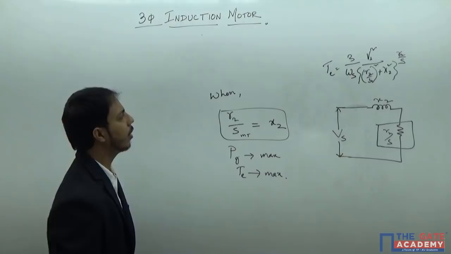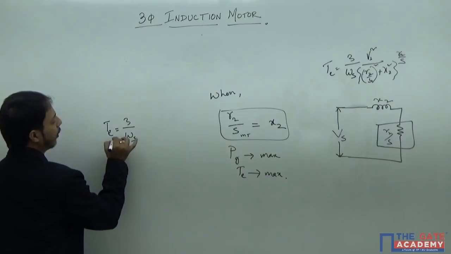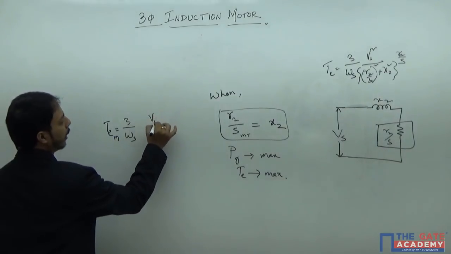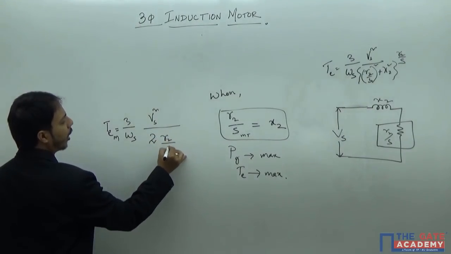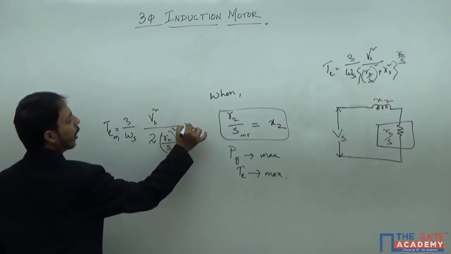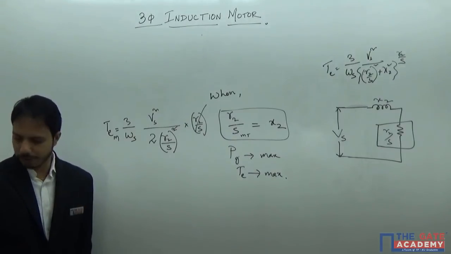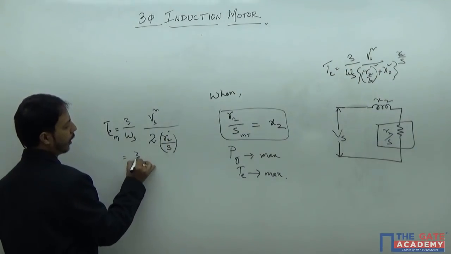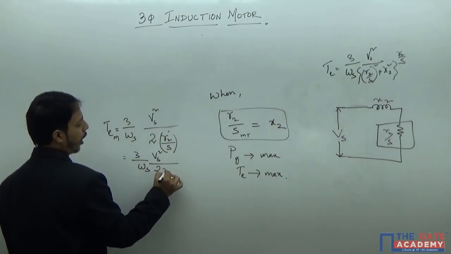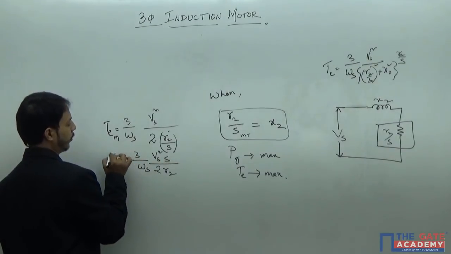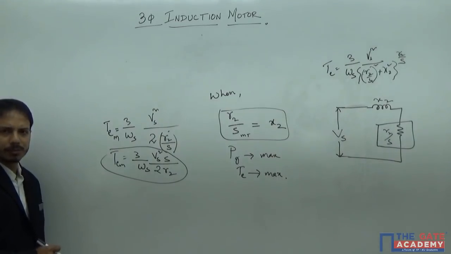If I put it there, TE is equal to 3 by omega S, for the maximum case, Vs whole square, this becomes 2 times R2 by S whole square, into R2 by S. Now the square will get cancelled, so it becomes 3 by omega S, Vs square by 2R2 into S. So this is the situation.